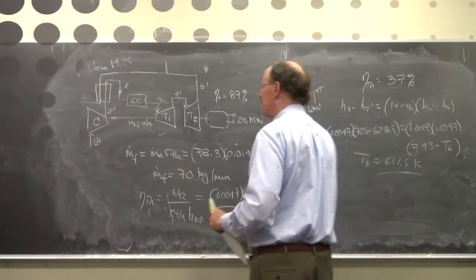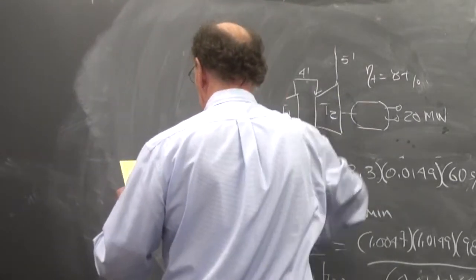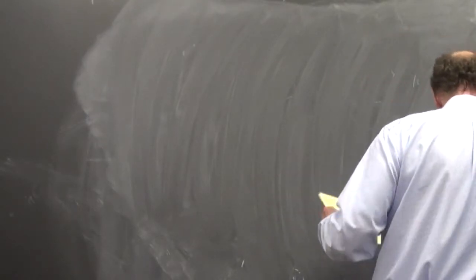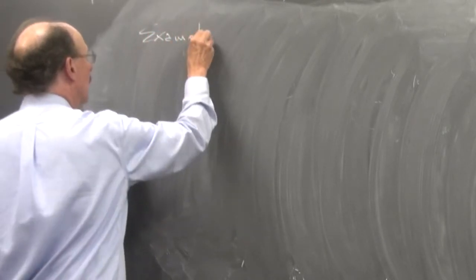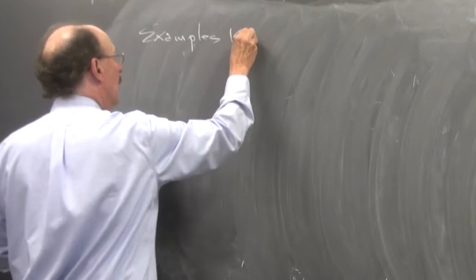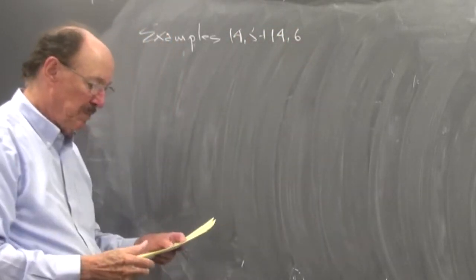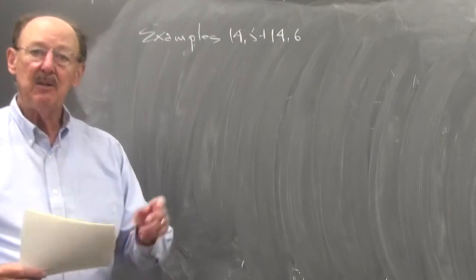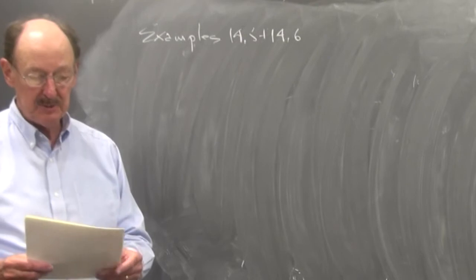Now, in the text, examples 14.5 and 14.6 look at the benefits of adding a regenerator to an actual system.